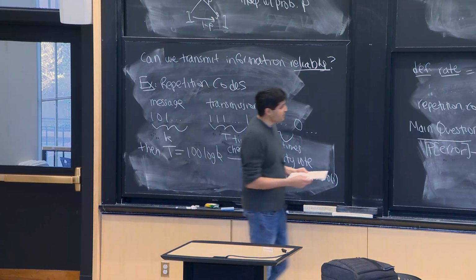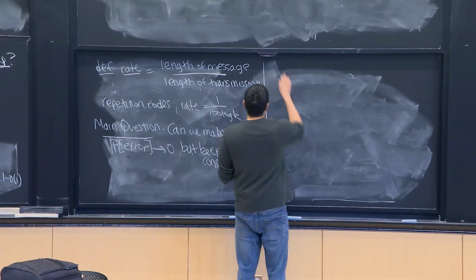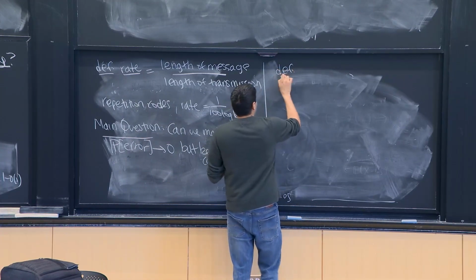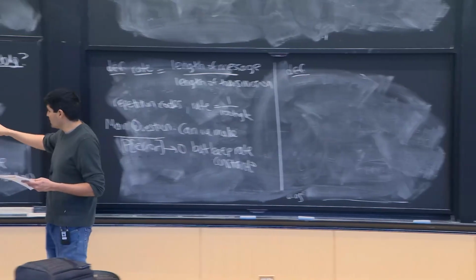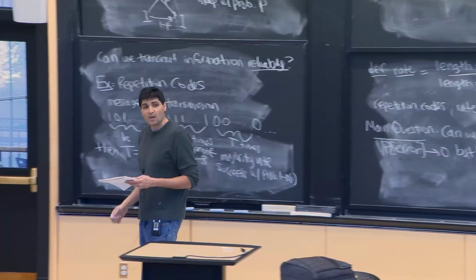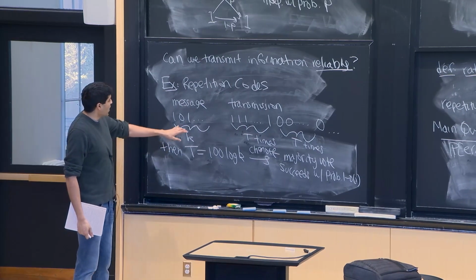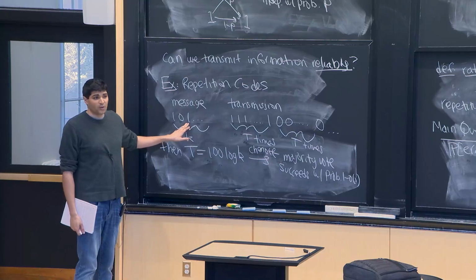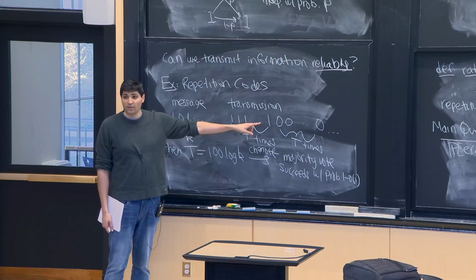In fact, I need to make some other notions precise too, because we have to talk about what our coding scheme is. For the repetition codes, I did this all informally. But really, there are two pieces to the puzzle. One is the encoding, which is how you go from the message to what you actually transmit along the channel.